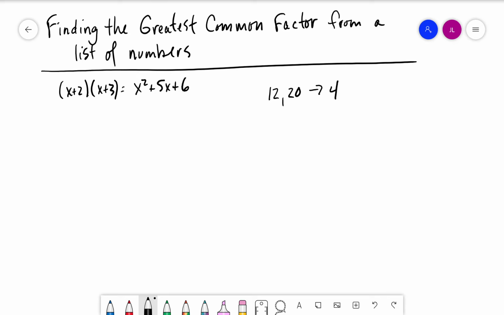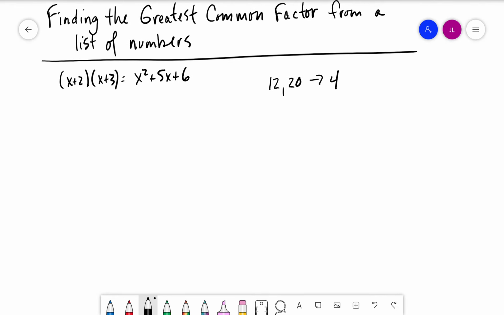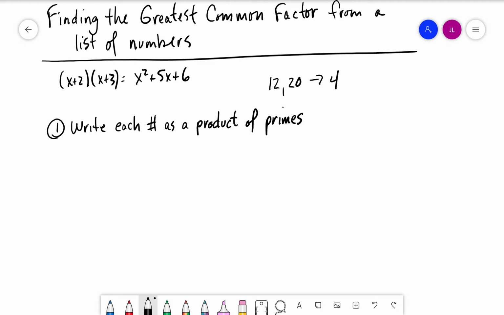Okay? And when we have large integers, it can be difficult to find this. So really what we want to do, and I'll list this in numbered order, is one, write each number as a product of primes. So basically we want to factor each number down, doing prime factorization.